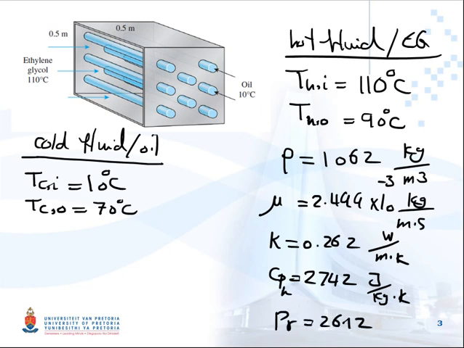But for cold fluid oil, we said that the properties can be read from table A13, but at what temperature? The average temperature between 70 and 10, which is 40. So from the table we just write it down here.